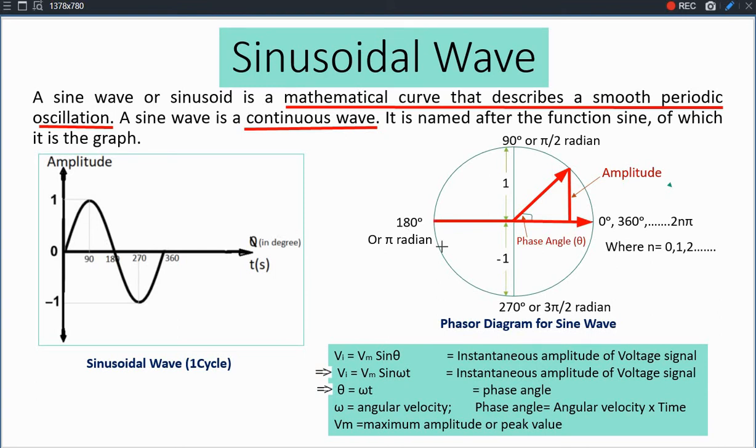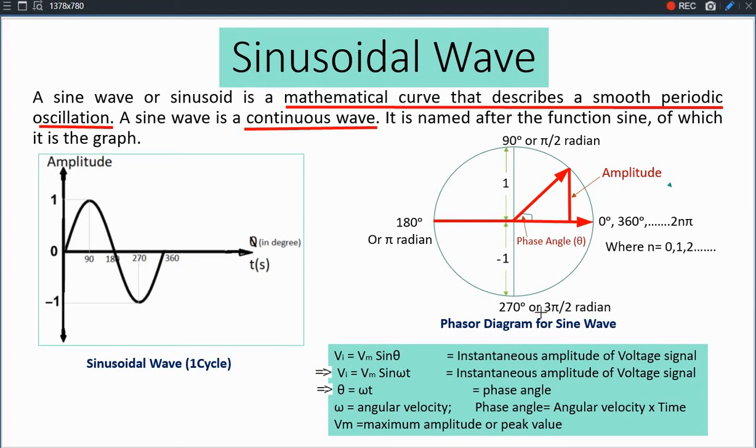And from 180 to 270 degrees, the sine theta movement is again in the anti-clockwise direction, and at that position all the magnitudes are on the negative side, below 0, and at 270 degrees it reaches -1.